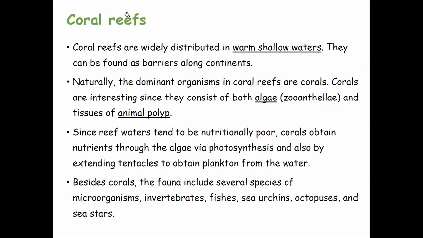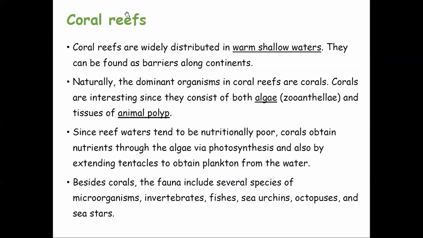Corals are interesting since they consist of both algae and tissues of animal polyps. Since the reef waters tend to be nutritionally poor, the coral obtain nutrients through the algae via photosynthesis and also by extending tentacles to obtain plankton from the water.